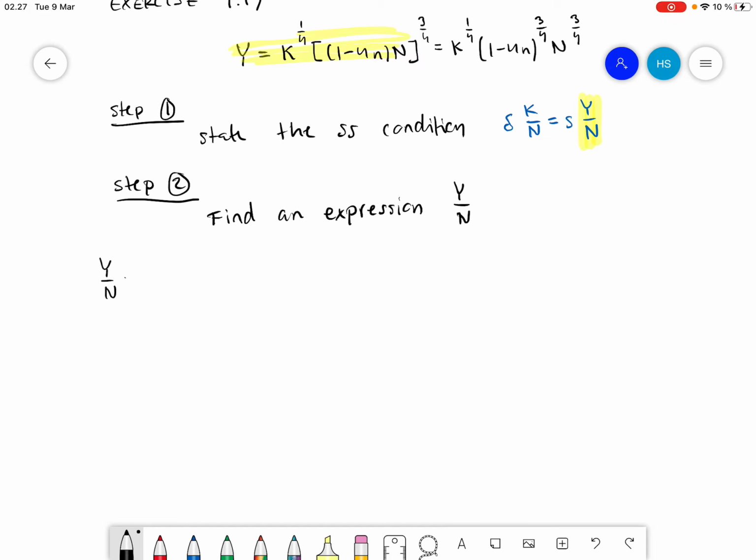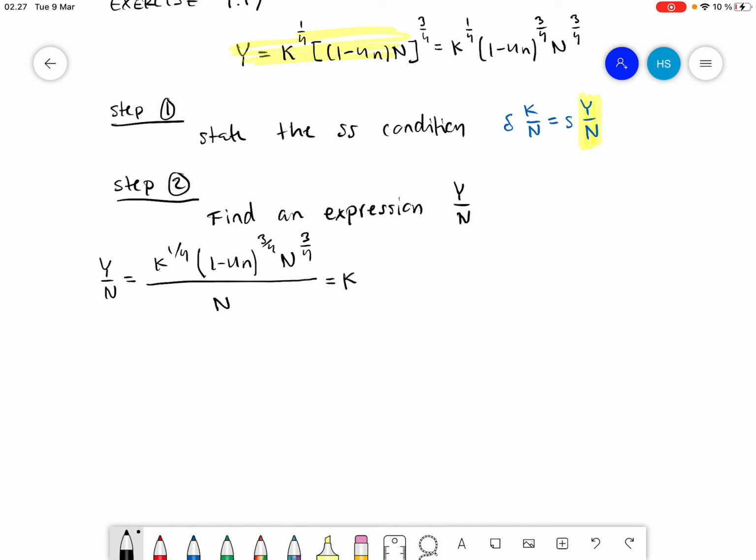So we use the production function in order to compute the output per worker. So Y over N must be equal to K to the power of 1/4 times (1 minus the natural rate of unemployment) to the power of 3/4 times N to the power of 3/4, and this we divide by N, which now is the labor force and not the number of employed workers, since we now assume unemployment in our model.